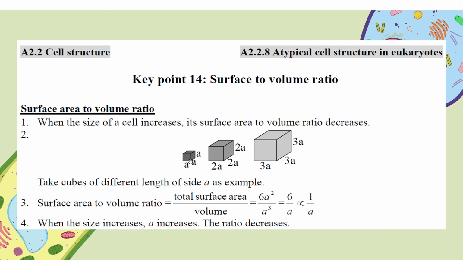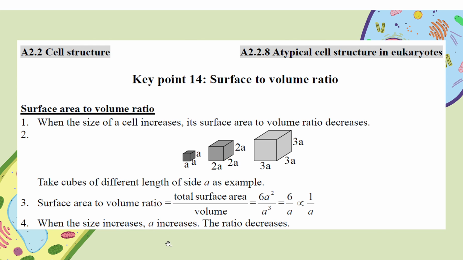Each surface is A squared and the cube has 6 surfaces. Volume is A cubed. So the surface area to volume ratio is 6A squared over A cubed. Cancel out the A, 6 over A. So when A increases, the denominator increases, and this ratio decreases. Opposite, negatively correlated. So the size and the ratio are negatively correlated.